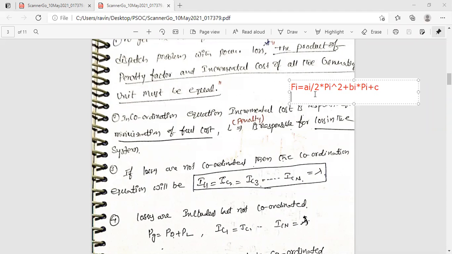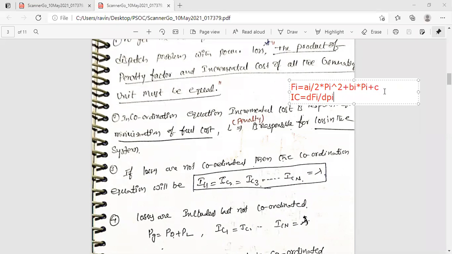Incremental fuel cost equation, as a shortcut we can write IC, which is equal to differentiating Fi by dPi. So to do the differentiation of this, you know the differentiation of the first equation.